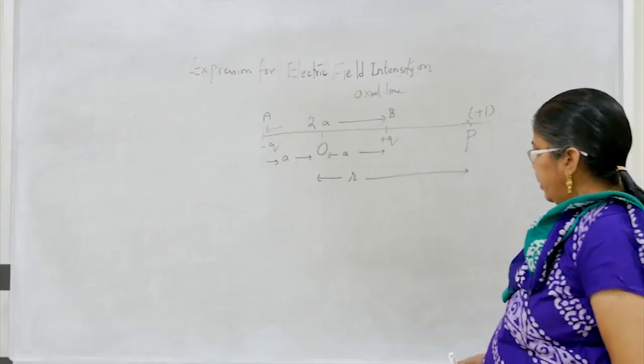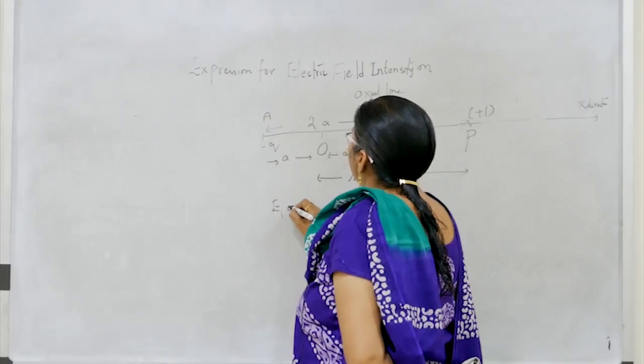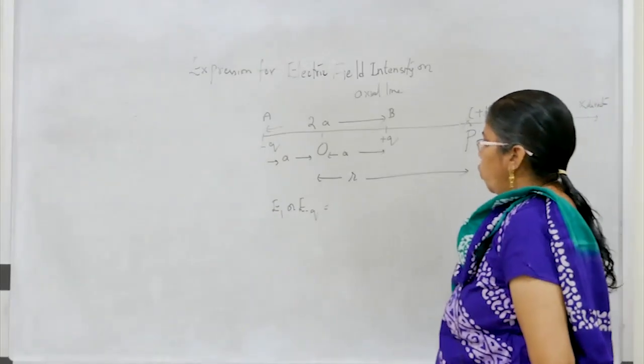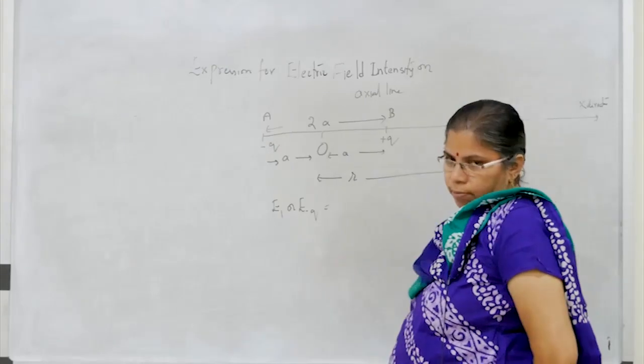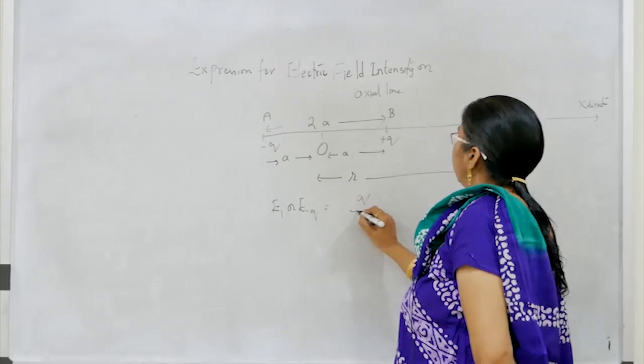Now I take here, you can take it as either E1 or E minus Q. Means the electric field intensity for E1 is given by, or you can take it as E minus Q. I use the formula Q by 4 pi epsilon naught into R square.